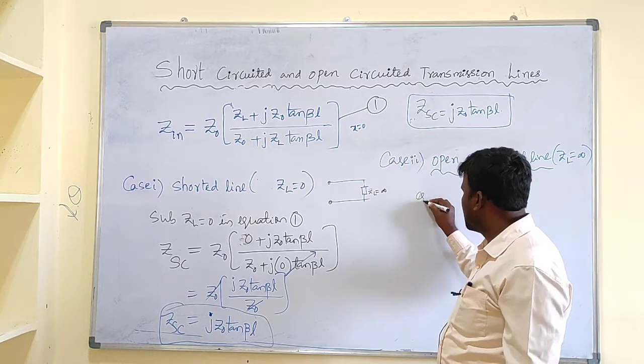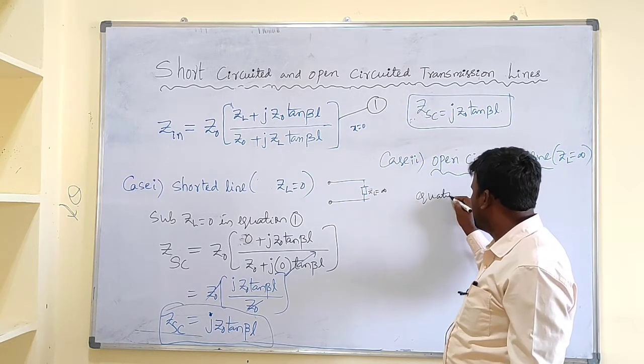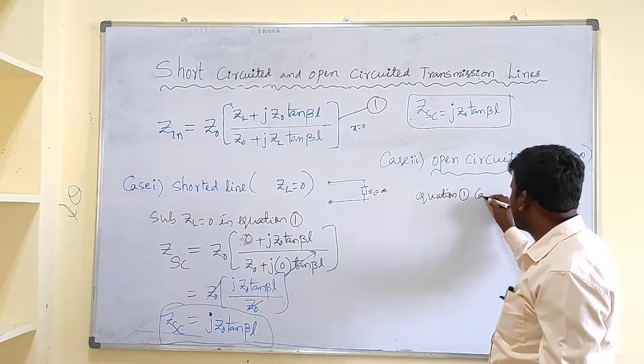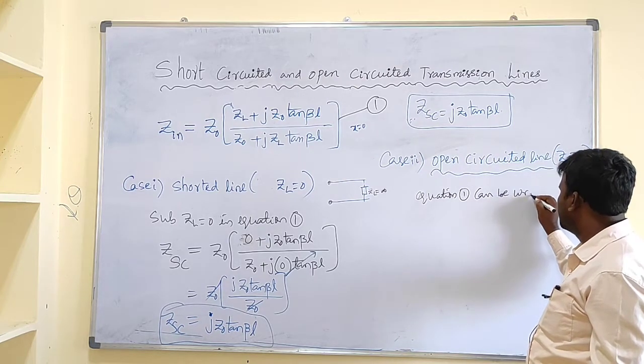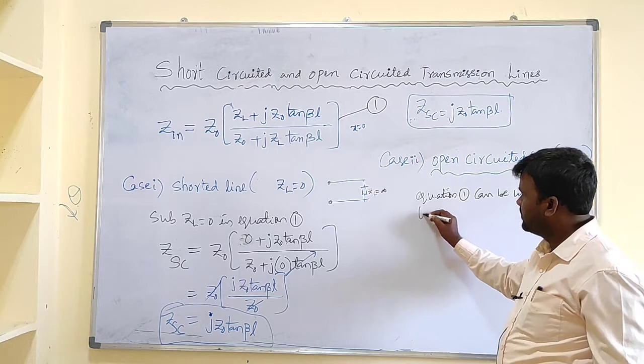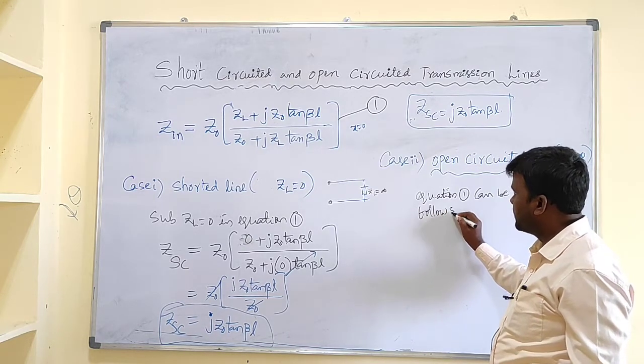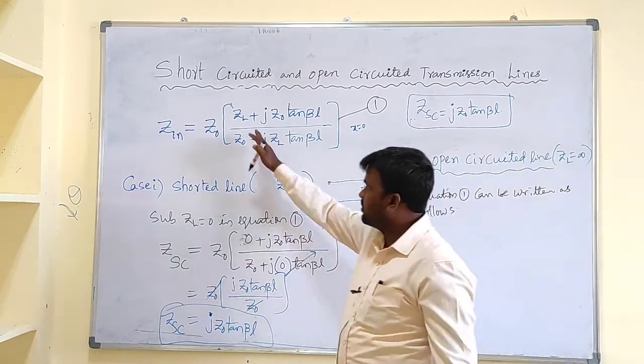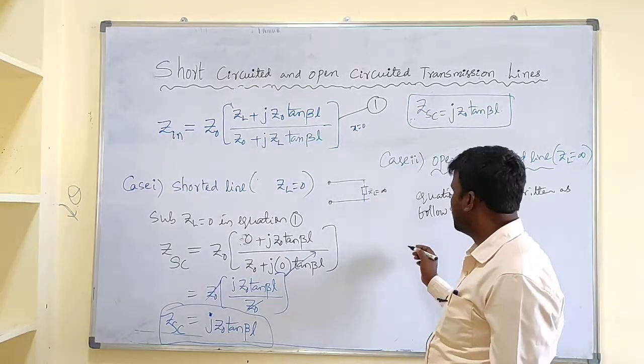So let us rewrite equation 1. Equation 1 can be written as follows by taking ZL as common in the numerator and denominator.